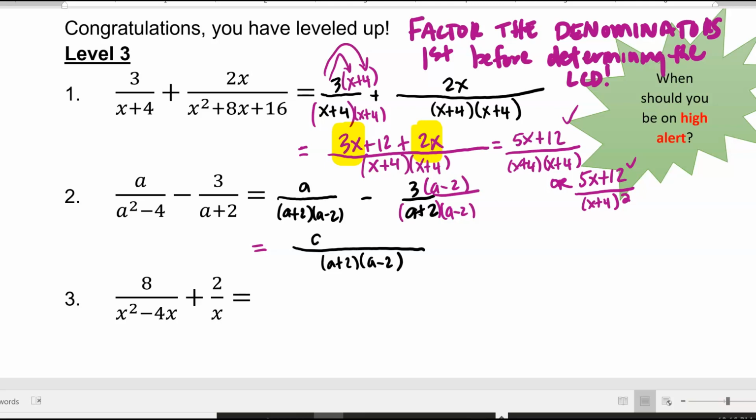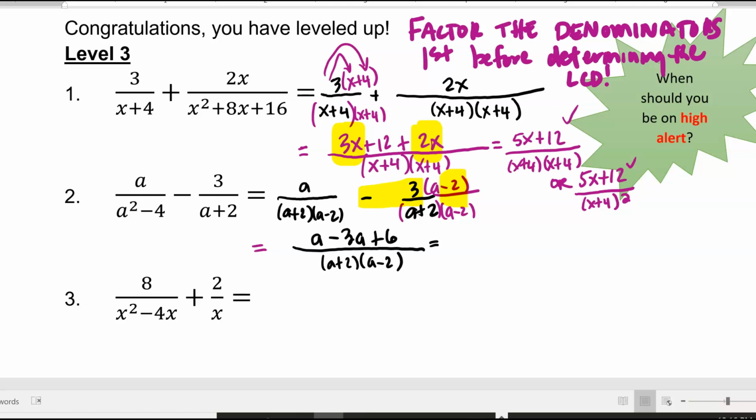Then in the numerator we have a minus 3a. Can you tell me what else I need to write in the numerator? If you said plus 6, then you are right, because a negative 3 times a negative 2 is positive 6.